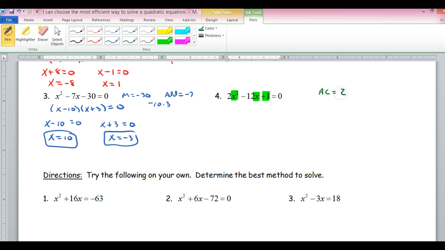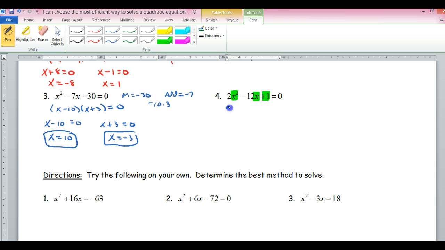We need to find the numbers that multiply to give me 2 and add up to negative 12. Alright, what numbers make that happy? There are none. So the factoring method is not even possible here because this polynomial is not factorable. So there's only one method we can use, and that is the quadratic formula.